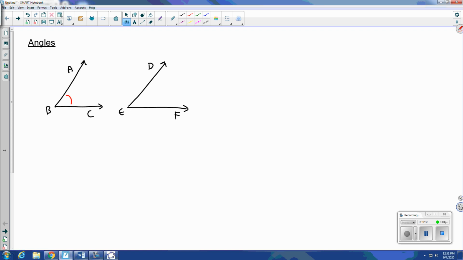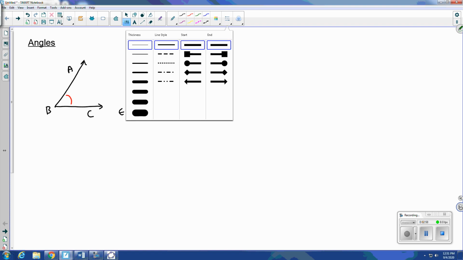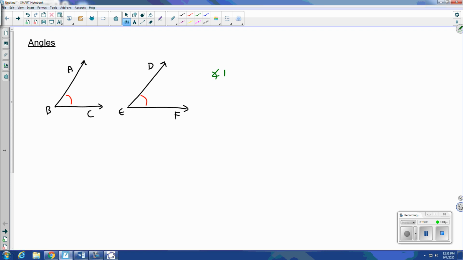So this has a single arc, and this is accompanied by a single arc. That is indicative that the following is true. We can jump to the conclusion that angle ABC is congruent to angle DEF when we see that arc. Okay, and if 2 angles are congruent, that means that their measures are equal. So we can write the measure of ABC is equal to the measure of angle DEF.